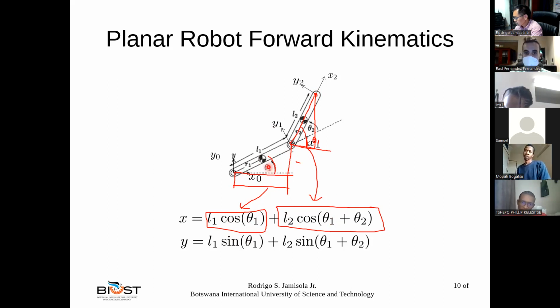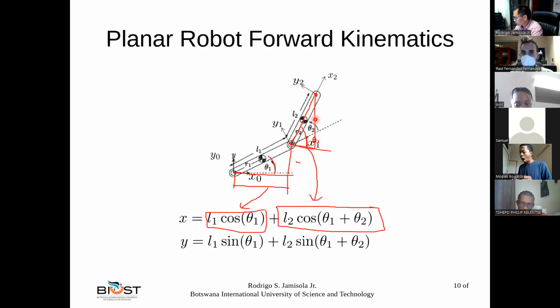So if this angle is 30 degrees and goes to 40 degrees, we only change this value to know what is the position of the effector when we change that angle. The same goes with the y value, but instead of using the cosines, we use the sine. So we use this distance, and it's the same.